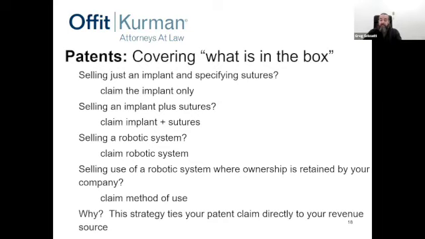Now, taking a step back, before we're in litigation, when we're just developing and investing in a company, investors don't invest in a company just to have that company own patents, and they don't invest just for the sake of having patents.